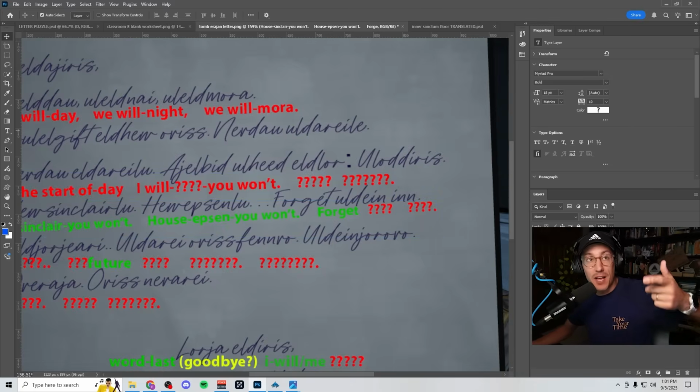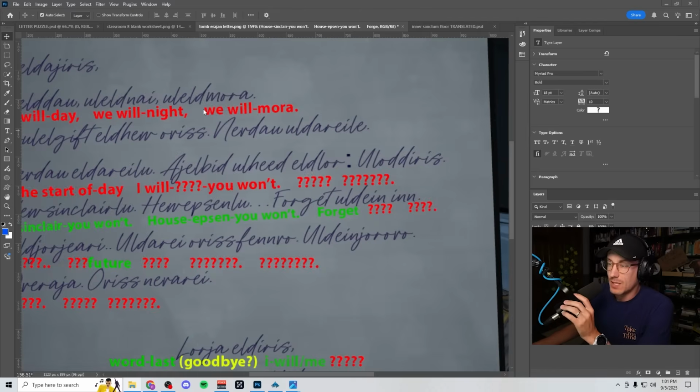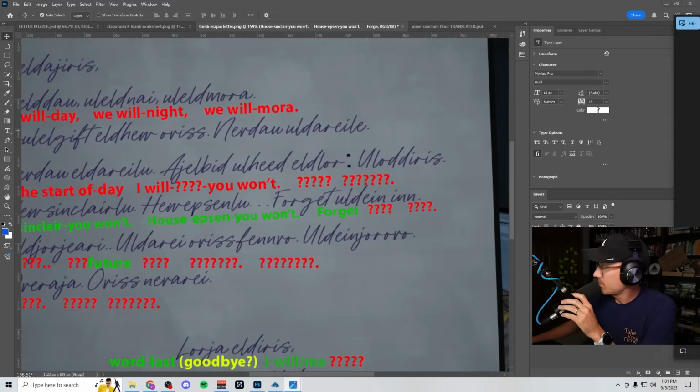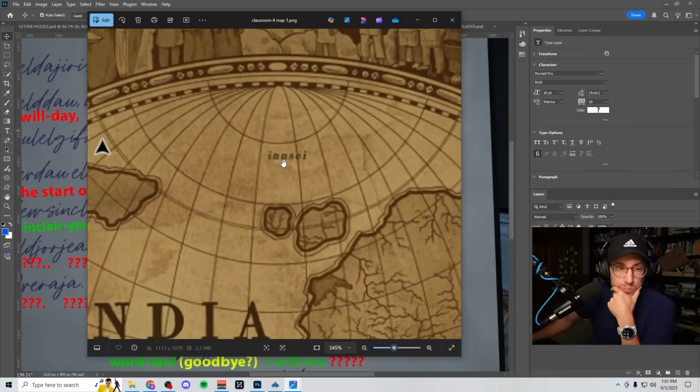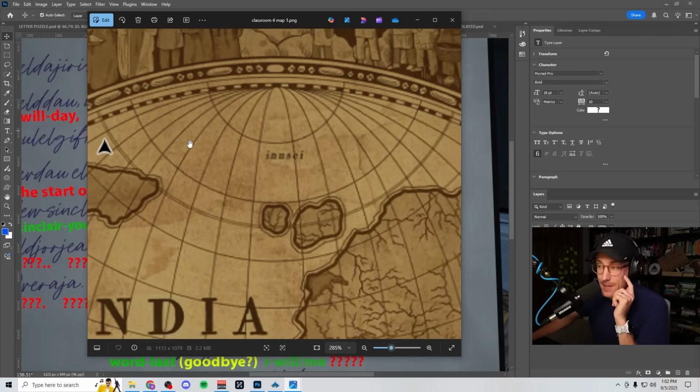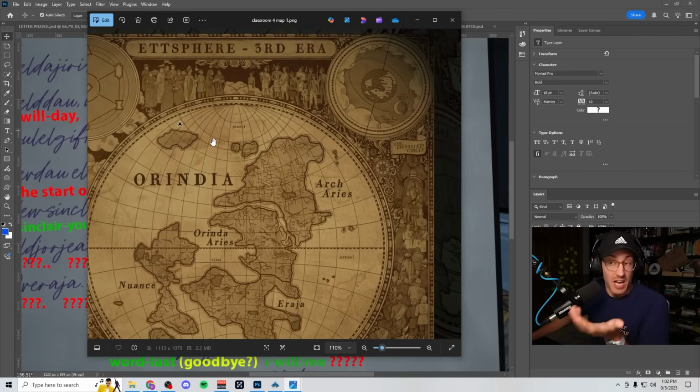I'm flip-flopping on how I want to solve this problem. One of the ways that I want to solve this problem, in our world, that would be called the North Sea, or the Arctic Sea, or the Cold Sea. But the Top Sea, maybe?